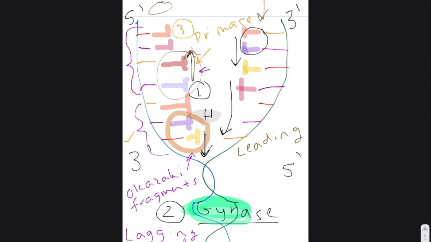Now, the only problem is, obviously this lagging strand is a lot of work. It does involve more things, right? So primase needs to lay down these primers multiple times before that fourth step where DNA polymerase 3 can start putting down the nucleotides. Now we have the creation of these Okazaki fragments.